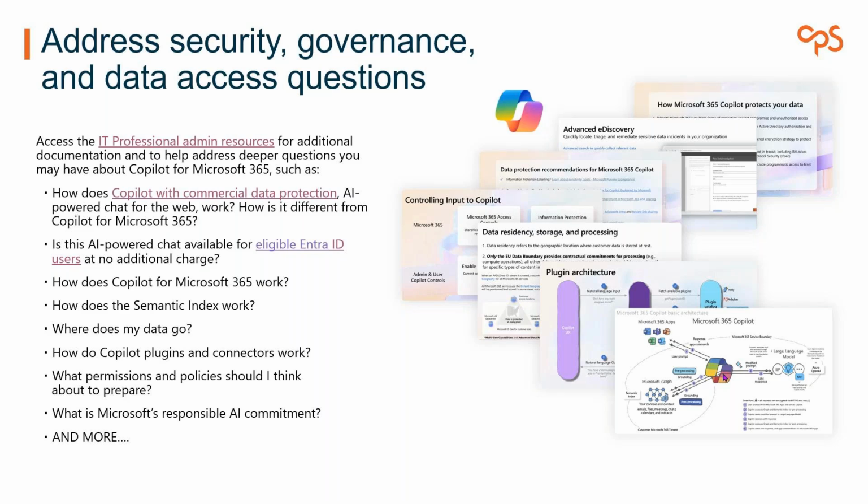When it's processing data, what does it do? How long does the indexing take to work? How about integrating it with a third-party solution? If I want to connect it to SAP, for example, how does that work? Are there any permissions or policies? There's a lot to go through in terms of how Copilot works, and it helps you prepare and understand, okay, here are the things that we need to do.